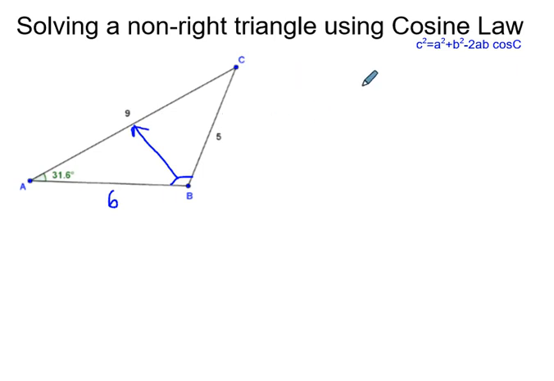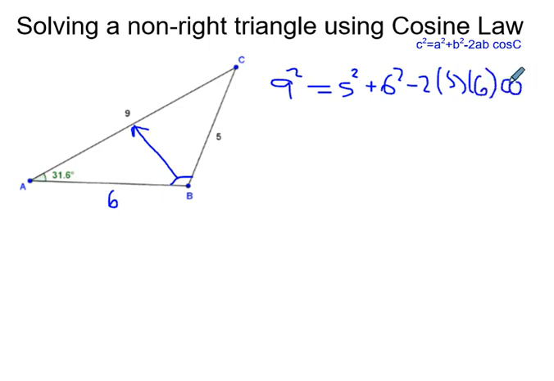So my opposite side is 9, so I'm going to write 9 squared is equal to 5 squared plus 6 squared minus 2 times 5 times 6 times cosine of B. Okay, so that's 81, 9 squared, that's 25 plus 36 minus 2 times 5, which is 10, times 6 is 60.